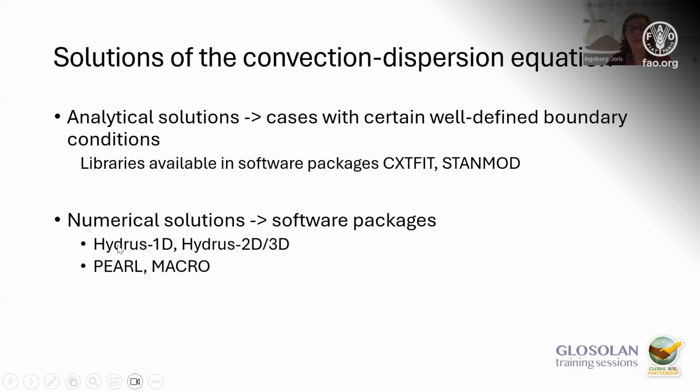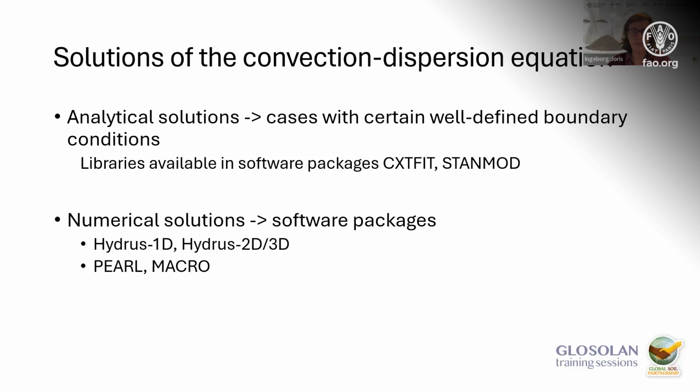Examples of these are HYDRUS 1D, 2D or 3D. 1D means that you look at one dimension, so your solute transport follows a line, usually vertically. 2D or 3D means that you really describe a cross-section through the soil, or a 3D soil column.